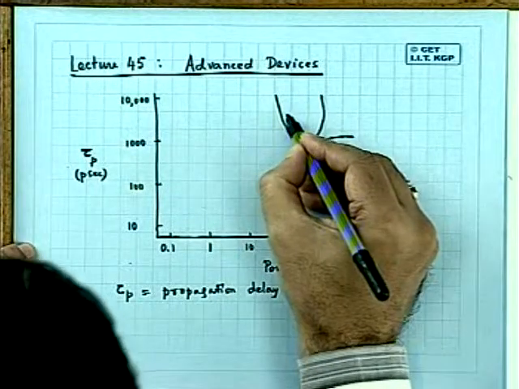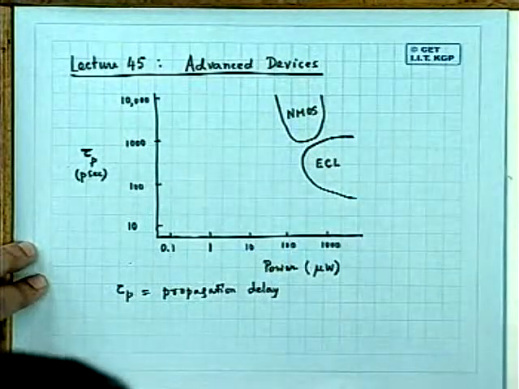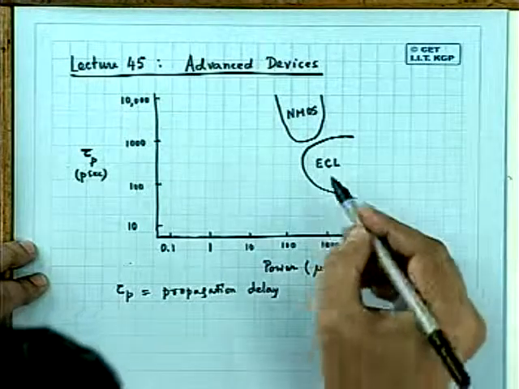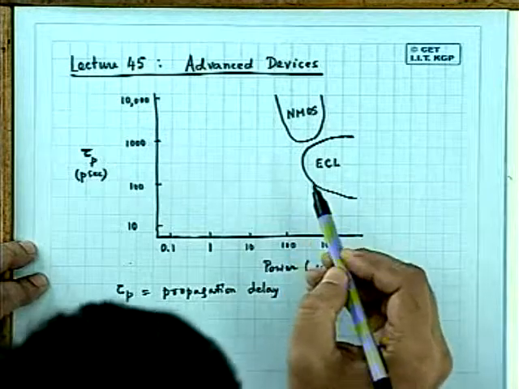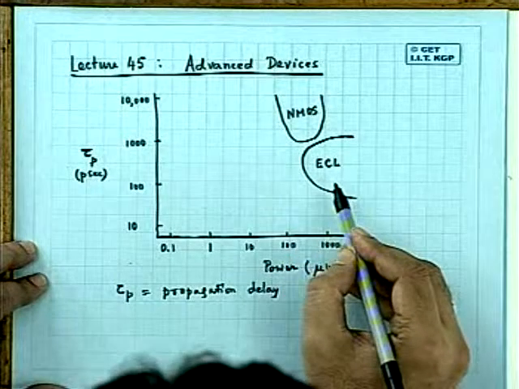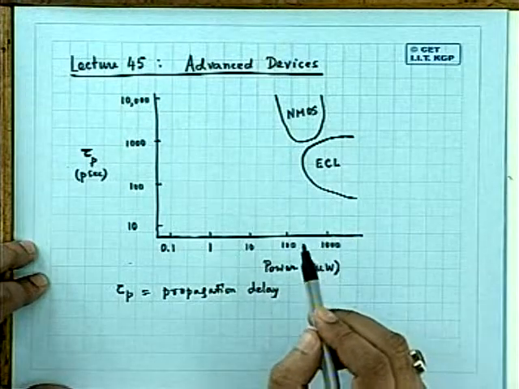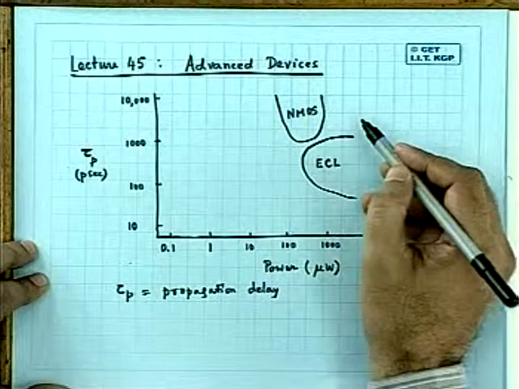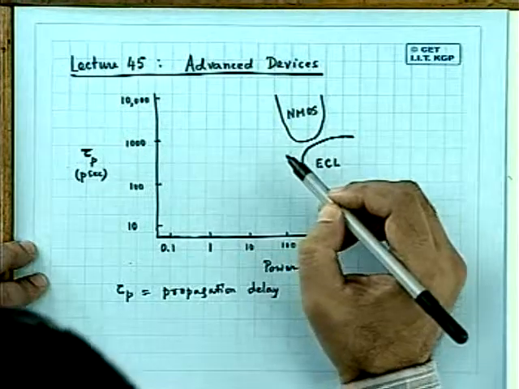This is the so-called NMOS. You see that in this case the power dissipation was appreciably reduced, 10 times or 100 times less than that of the best ECL, whereas from the speed point of view, it was in general inferior to ECL.